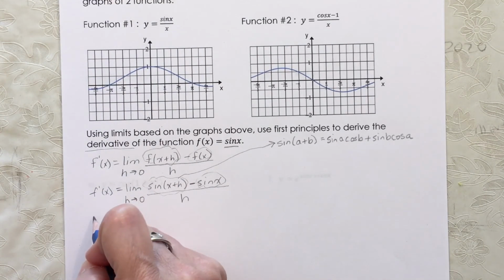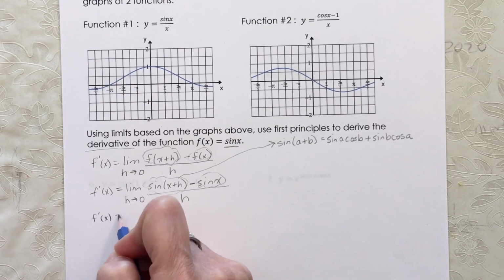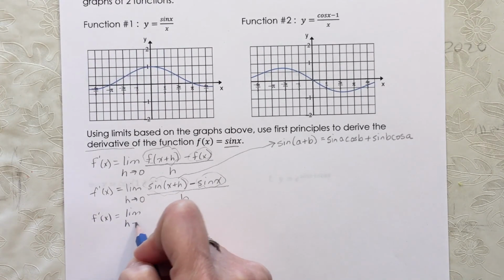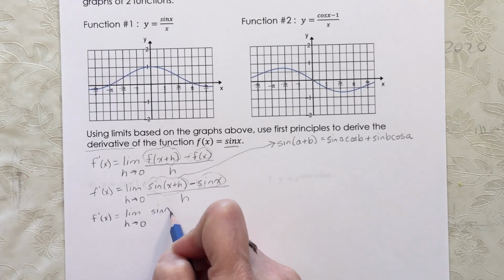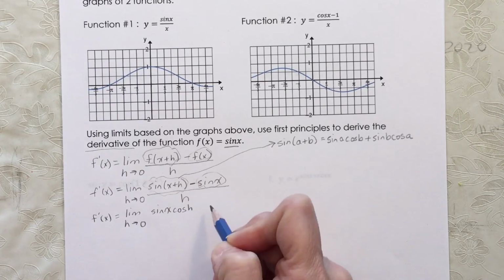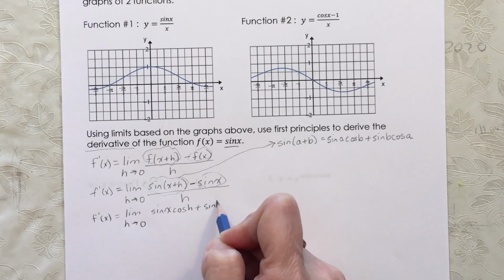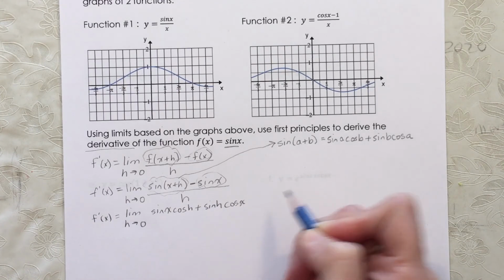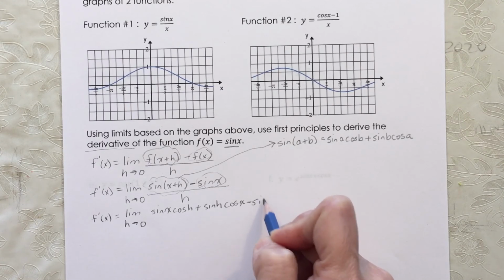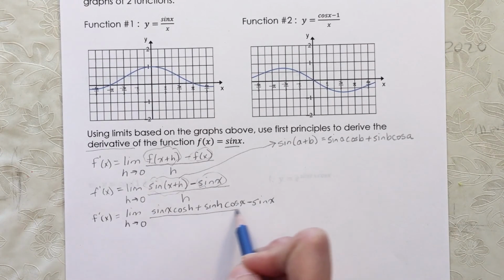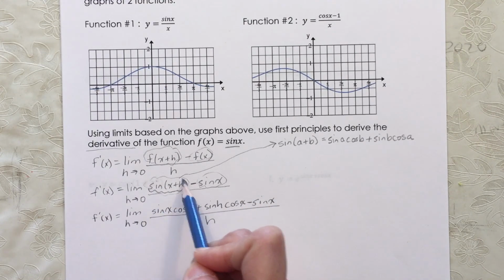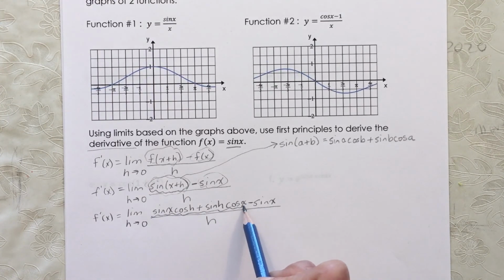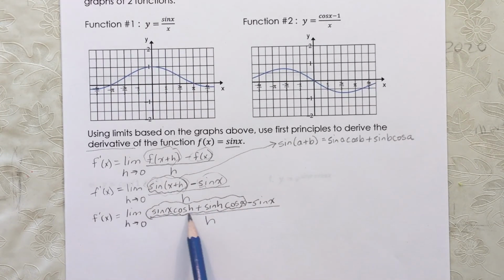So f prime at x is going to be the limit as h approaches 0 of sine x cos h plus sine h cos x minus sine x all over h. So again, sine of x plus h expands out to give us sine x cos h plus sine h cos x, but we've still got the minus sine x here.